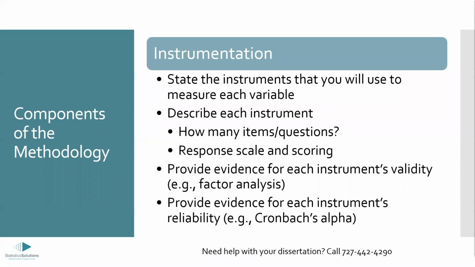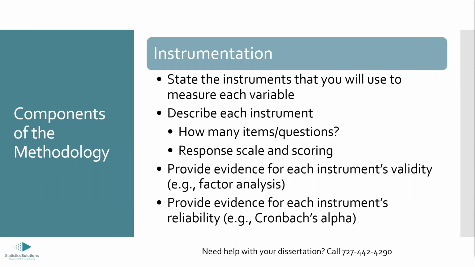For things like survey instruments, you will want to describe how many items or questions it has, and what the response scale is. So for instance, do people rate the items on a Likert scale, like from strongly disagree to strongly agree, like a 1 to 5 or a 1 to 7 scale, or are they responding in some kind of different way?